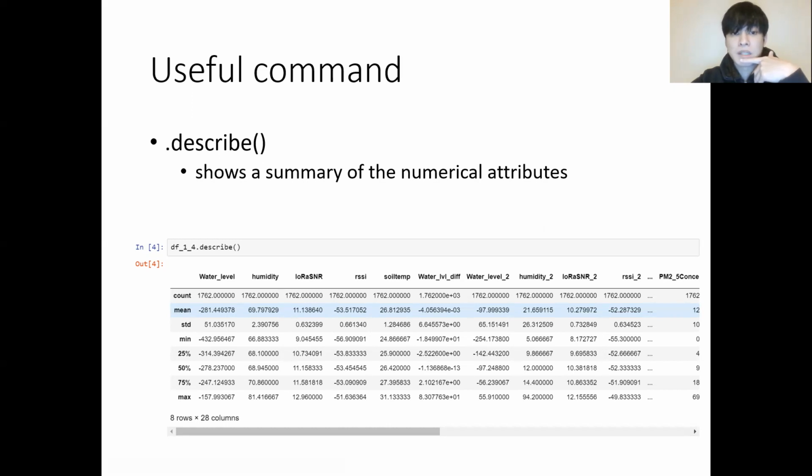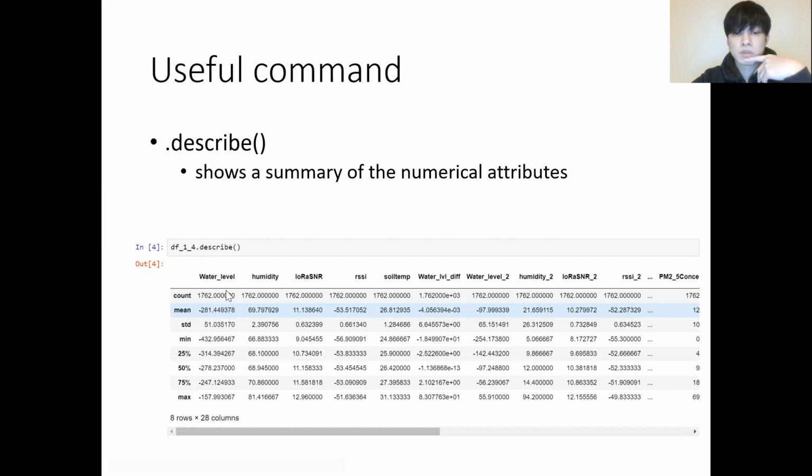For example, in this case, water level. You have to know the basic characteristics of water level. For example, if the max goes beyond a certain value, then it might not be logical. Then you know that something is wrong with the data.